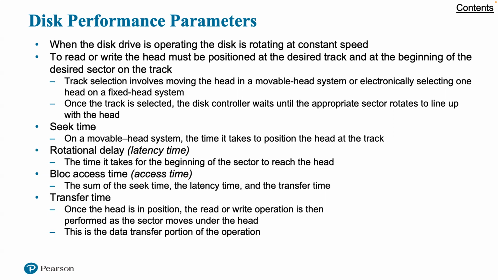This is the data transfer portion of the operation. The time required for the transfer is the transfer time, T sub T. The sum of the seek time, if any, the latency time, and the transfer time equals the block access time, or simply T sub B, or simply access time.